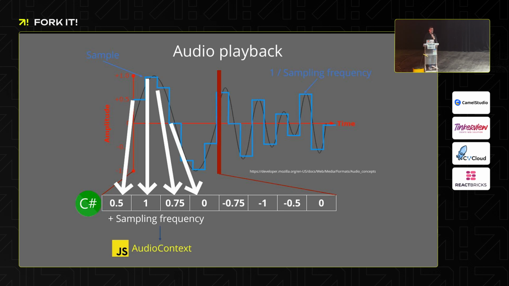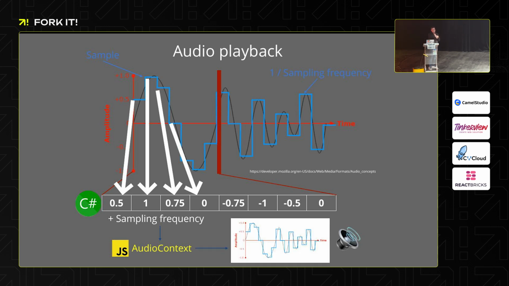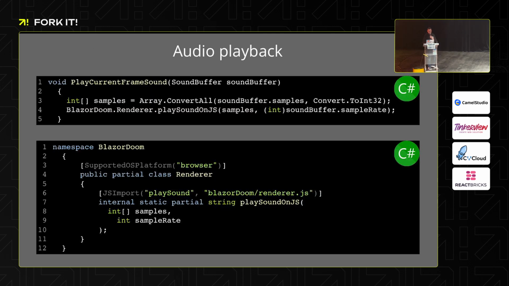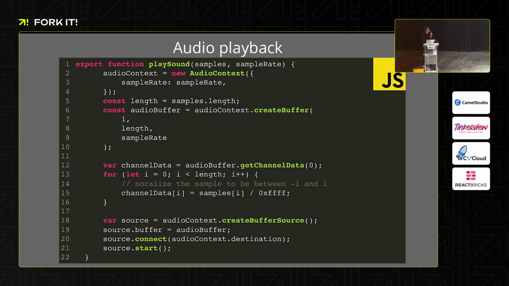What I did was send this to JavaScript and implement an audio context to play this audio buffer by giving the sampling frequency. This is the code that achieves this. This is the code that allows sending the audio buffer to JavaScript. The audio buffer is already computed by the engine. I didn't touch it. I just sent it to JavaScript: hey, play it for me. And this is the code that I implemented to play the audio buffer.